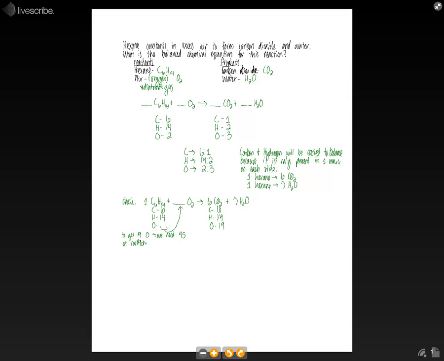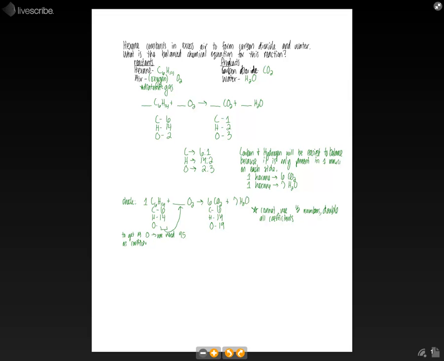But that's not going to work because we cannot use half numbers as coefficients. So we're going to double all of our other coefficients in order to get rid of this half.